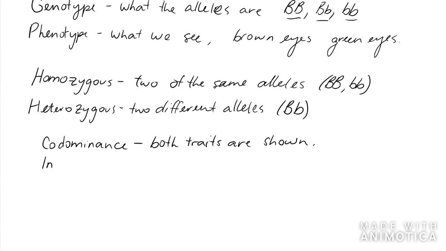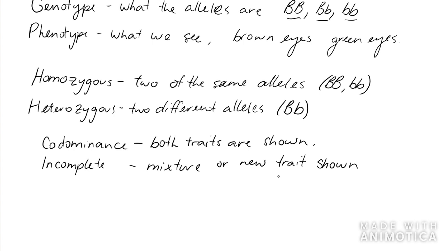We have incomplete dominance, which is a mixture or a new trait. Again, when they're homozygous, that's the trait that will be shown, but when heterozygous with codominance, both of the traits are shown. This is commonly found in blood types. Incomplete dominance, a mixture or a new trait.